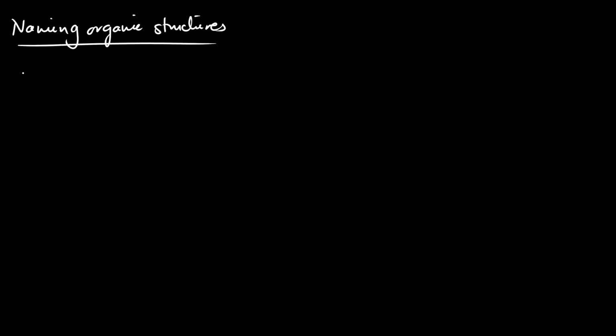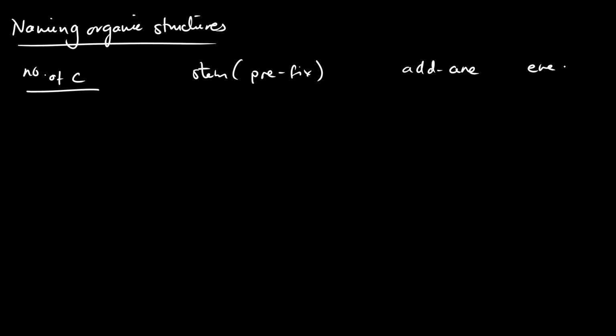So let's say number of carbons, and let's say the stem or prefix. Then you could add an -ane or an -ene to it, or sometimes, if you're making an alcohol, add an -ol. Let's start off with 1 carbon, 2, 3, 4, 5, and 6.